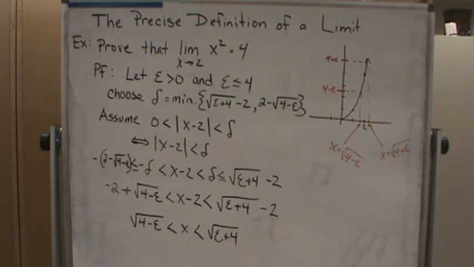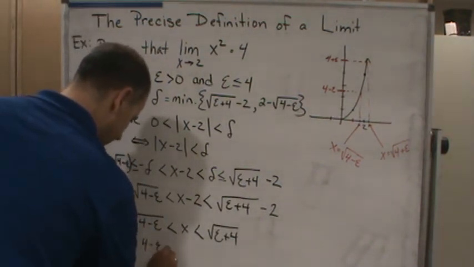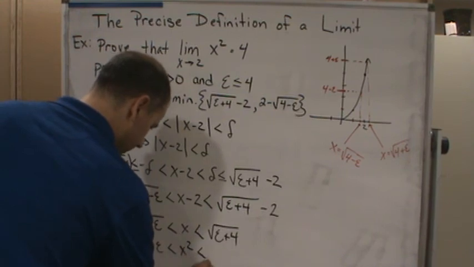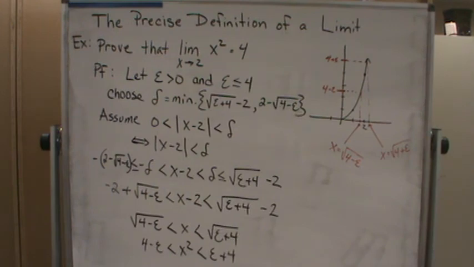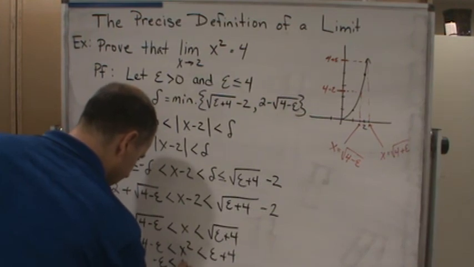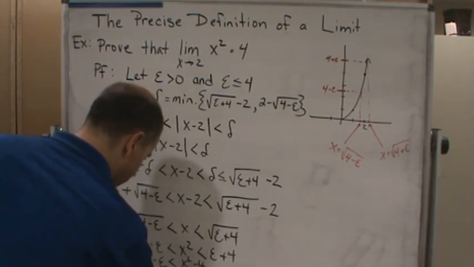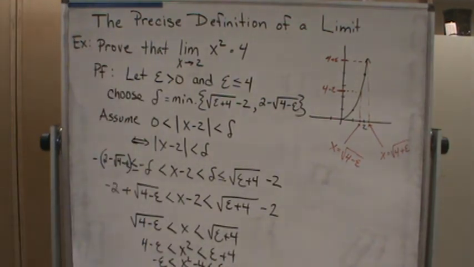And if we square all the parts, then we get 4 minus epsilon is less than x squared, which is less than epsilon plus 4. Right? And if we subtract 4 from all sides, we get negative epsilon is less than x squared minus 4, which is less than epsilon.